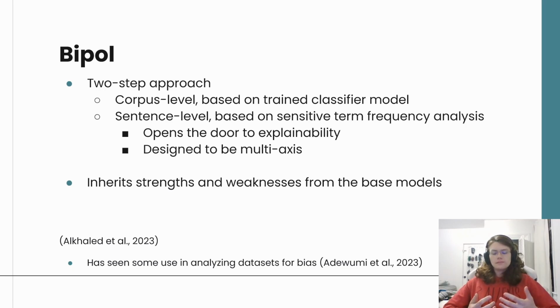And then it also is designed to provide some level of explainability for saying, this sample is biased because it says this, and because it uses these terms, and so on. Now, we'll talk more about exactly how it works on the next slide, but in general, it inherits a lot of strengths and weaknesses from the model it's built on top of.